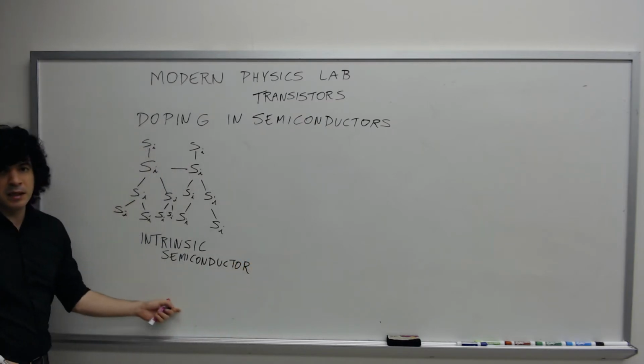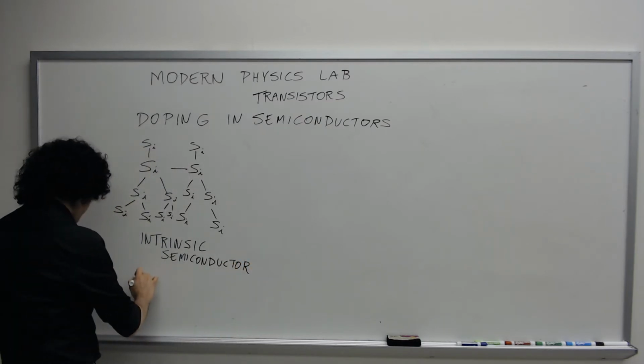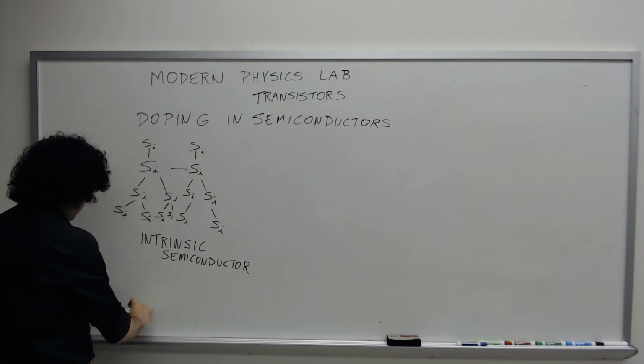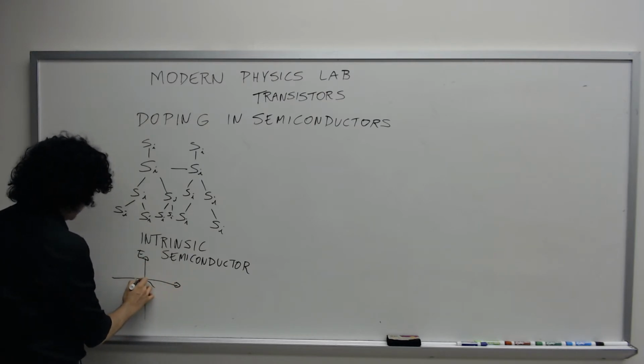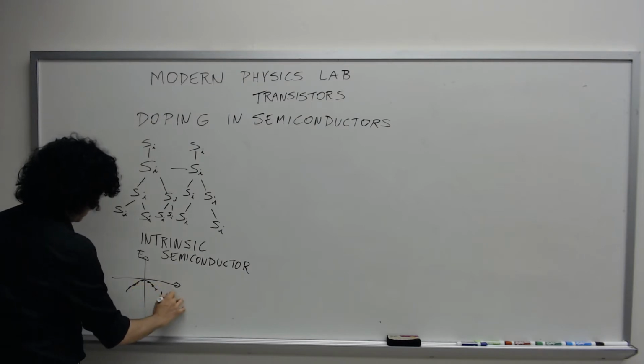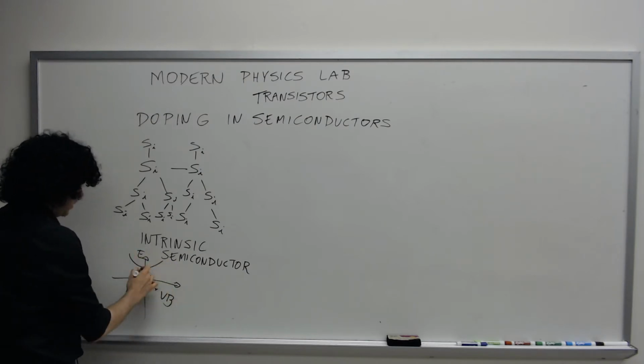And again, if you look at the band distribution, you will simply have the valence band completely filled with electrons, and the conduction band is empty.